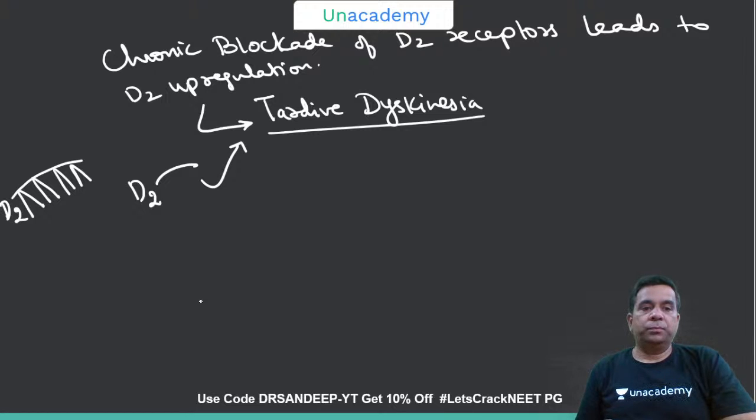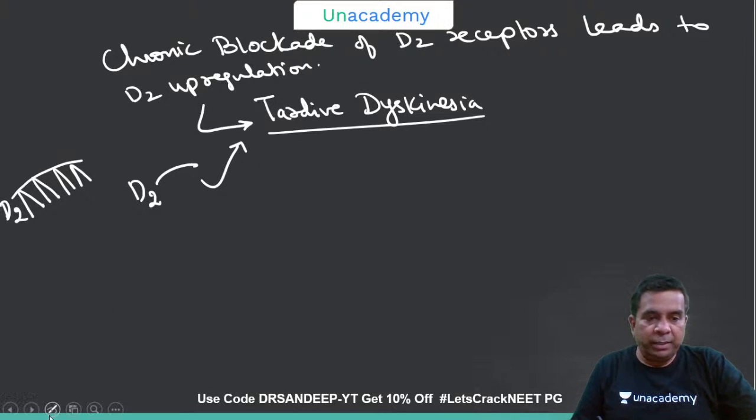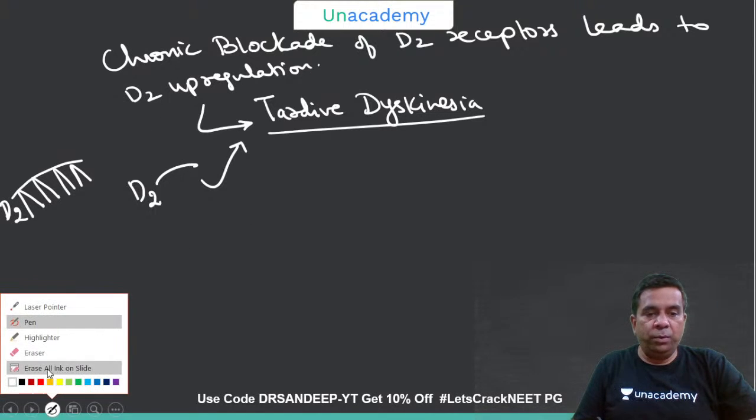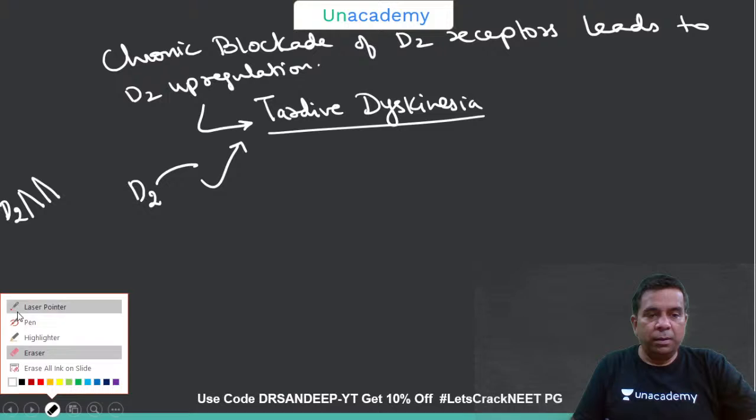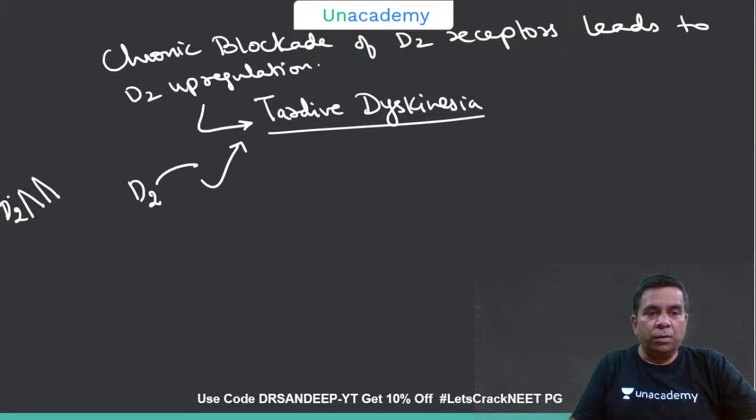So now the MCQ has been asked that, this is because of this mechanism. Now if you plan to decrease the dose, what will happen? This receptor is also free.